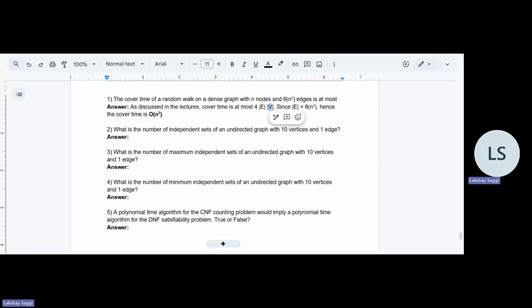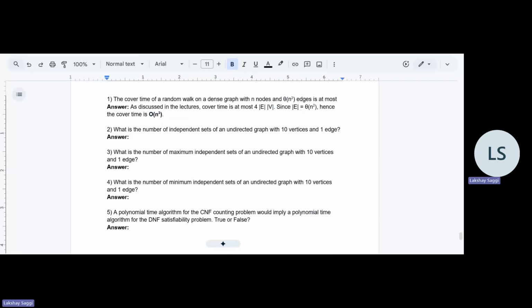There can be special graph topologies where cover time is smaller than these quantities, so it is at most n cube, but it can be n square or n to the 2.5 for some specific graph topology. That's why I just wrote order of n cube. In the worst case it can go to n cube, but it might be smaller in some cases.